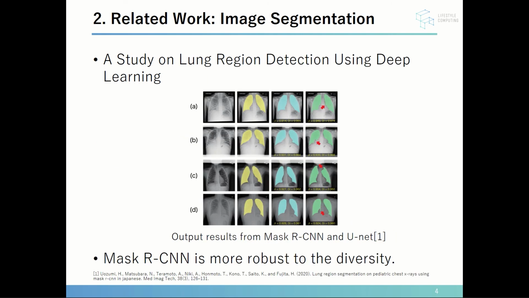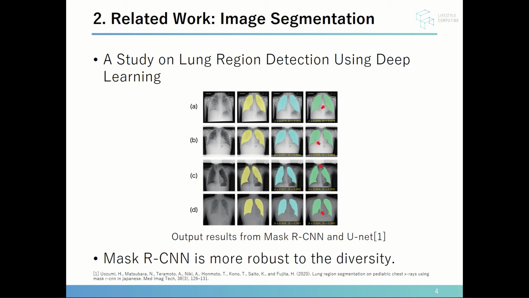Next, I introduce related works. This work used Mask RCNN and UNET to extract lung regions from chest X-ray images. This study found that while UNET is more accurate in terms of extraction accuracy, Mask RCNN is more robust to the diversity caused by changes in the shading of X-ray images and changes in the position of the lung due to disease.